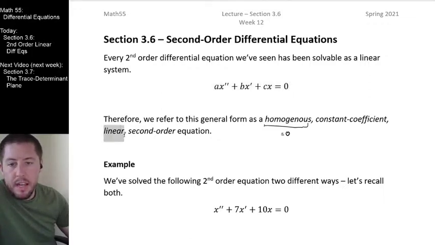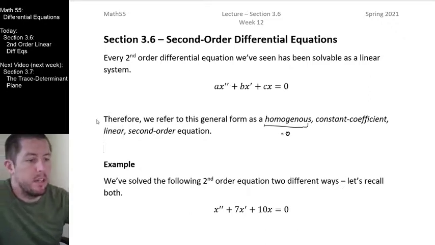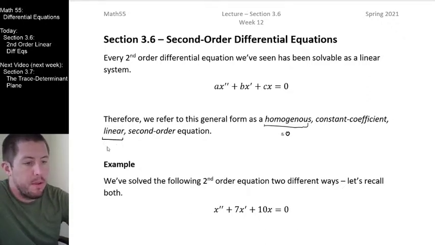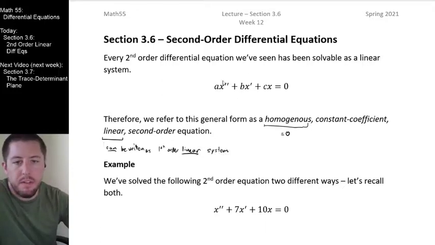This word linear is in a sense almost misleading. Linear is referring to the fact that it can be written as a first order linear system. That's a sneaky word to call this a linear second-order differential equation.